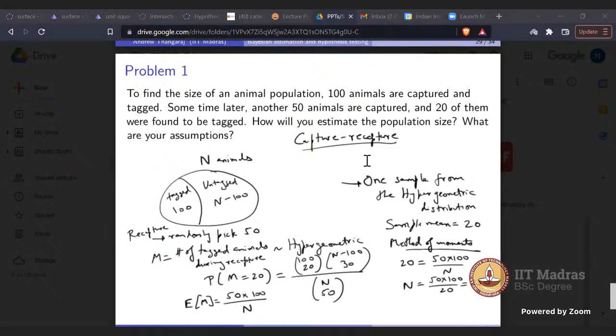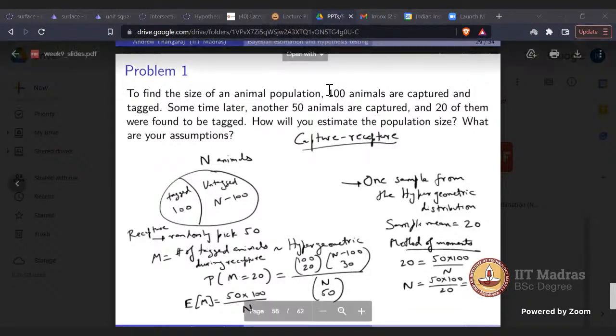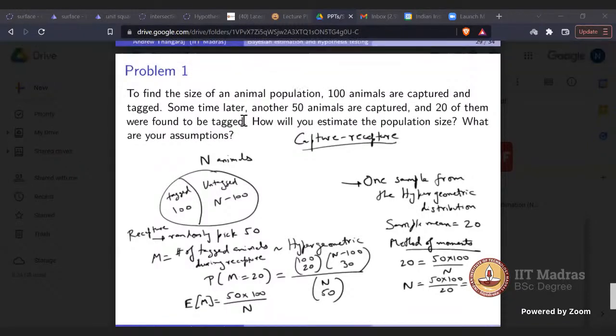Here we wanted to estimate the population size. So we have some data, and from there, how will you come to the population size? How will you estimate it? So this was a model, and from there you wanted to estimate something, right? This is basically what we were doing in the capture recapture process.